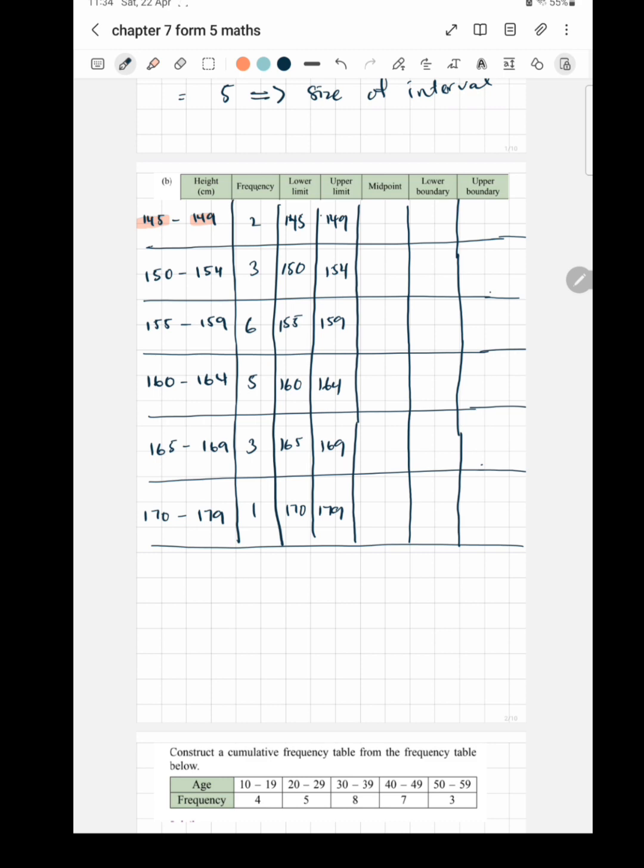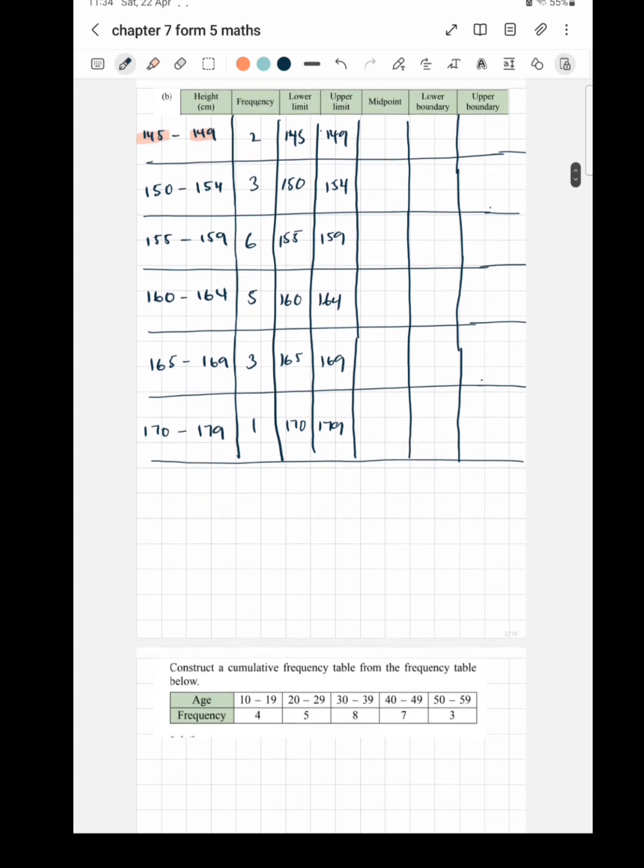After finding both the lower and upper limit, now we can find the midpoint. To find the midpoint, we need to add both the upper limit and lower limit and then divide it by 2. I'm going to do it for the first class right here.